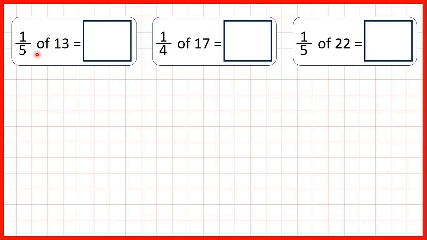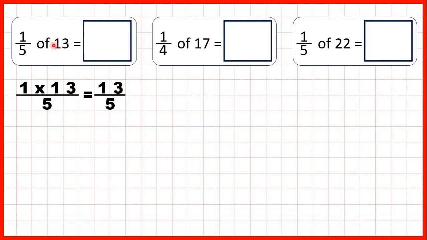So, what we can do is write out the question as 1 times 13 over 5. So, the numerator times the whole number over the denominator. 1 times 13 is 13, and the denominator is 5. So, we have 13/5 as an improper fraction, and we can turn that back into a mixed number by dividing, because remember, a fraction is really a division.